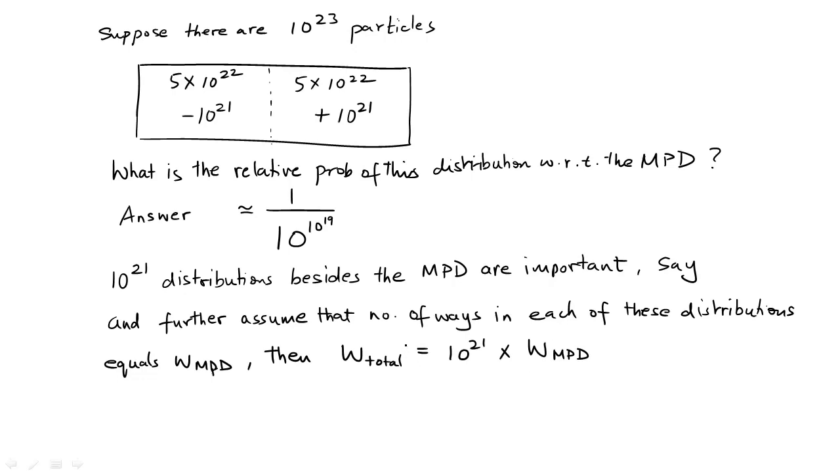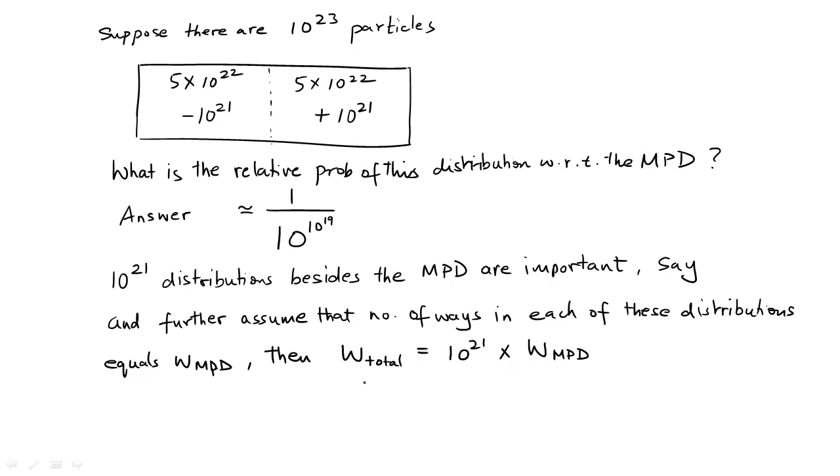Clearly, this is a huge overestimate of the total number of ways. The actual total number of ways is probably closer to the number of ways in the most probable distribution than what we have considered here.